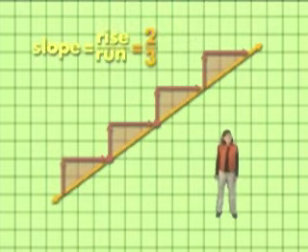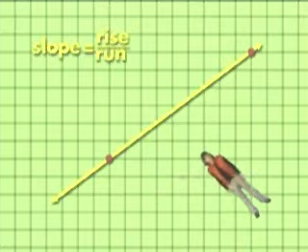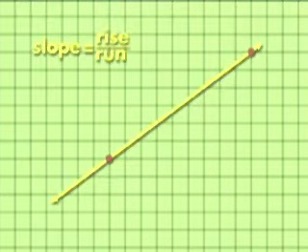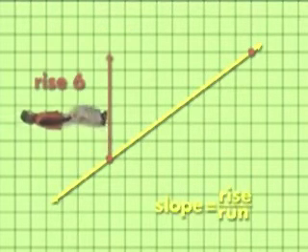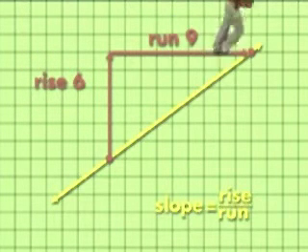Therefore, no matter what 2 points you choose to draw your triangle, you will find the same value for the slope. For example, what if we pick these 2 points to make our slope triangle? This point and this point. To go directly from one point to another, we can rise up 6 units and run over 9 units.